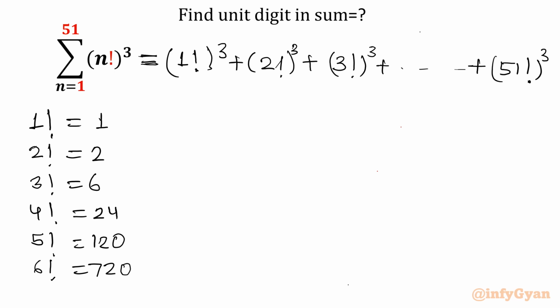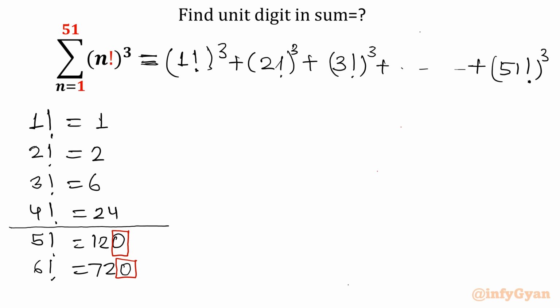The important observation we have to consider here is that for n equal to 5 and more, our unit digit is coming out 0. This is what we can observe from the numbers.